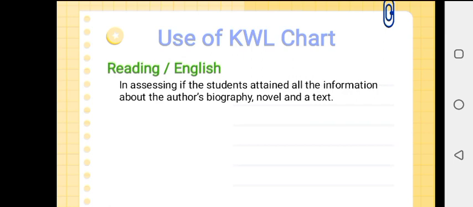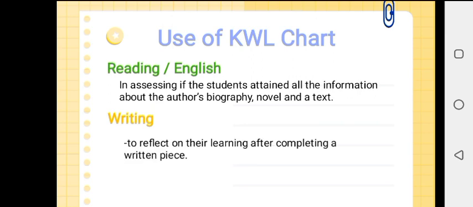Its use in writing is to reflect on their learning after completing a written piece. The students can write an explanation of what they have learned and examine whether they were incorrect about any information after completing their writing. This can be an opportunity for students to reflect on their learning and to articulate their thought processes.